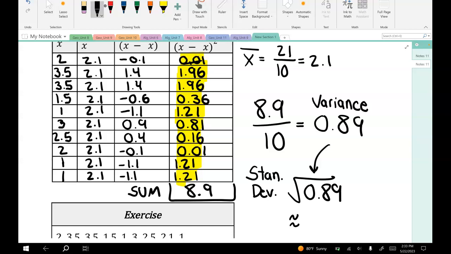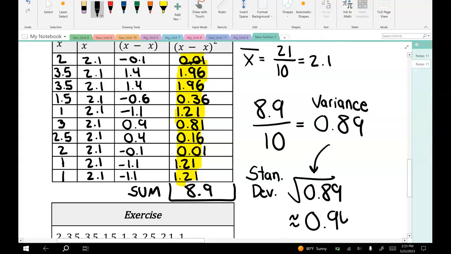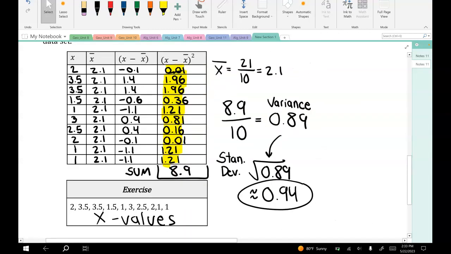And then we can round that to the nearest hundredth. So 0.94 would be your standard deviation for your problem. Here's everything. Take the square root of 0.89. You get the square root, 0.94.